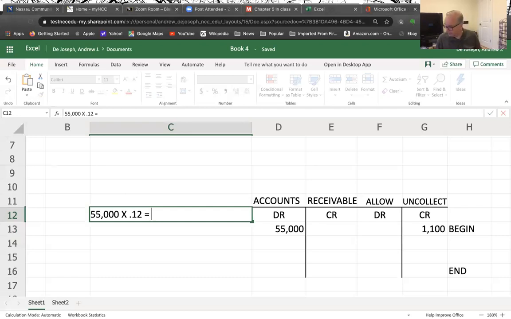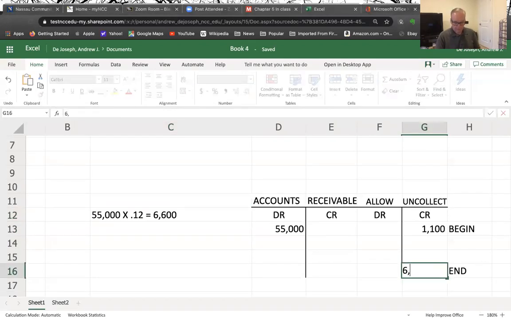Okay. And my calculator disappeared from my desk. Anybody do a quick calculation on that? 55,000 times 12%? Anybody? 6,600. 6,600, thank you.